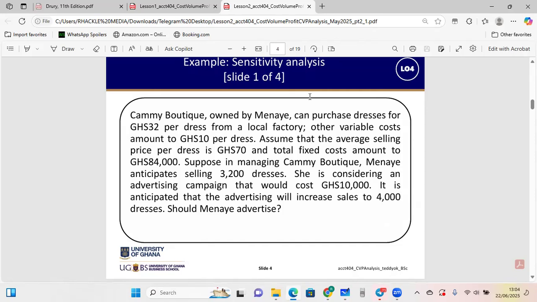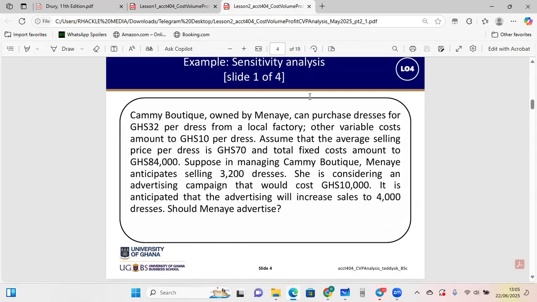If we find out that before advertisement the profit is higher than after advertisement, we will not advise Minaye to take the decision of advertising. But if we find out that the profit after advertising is higher than the profit before advertisement, then we tell Minaye, your advert is good. So let's take this and dive in.